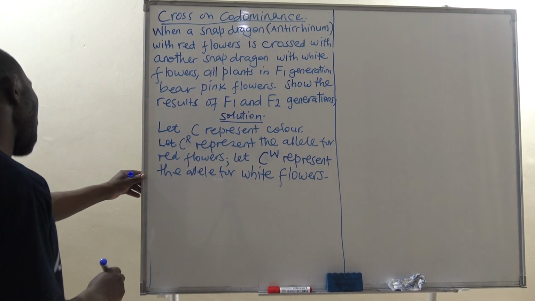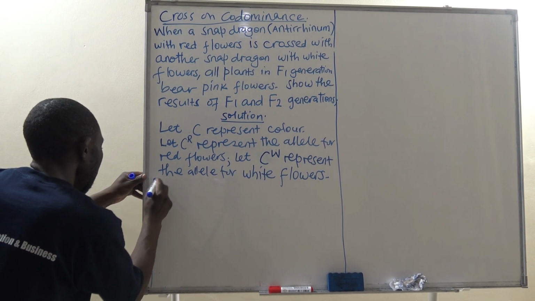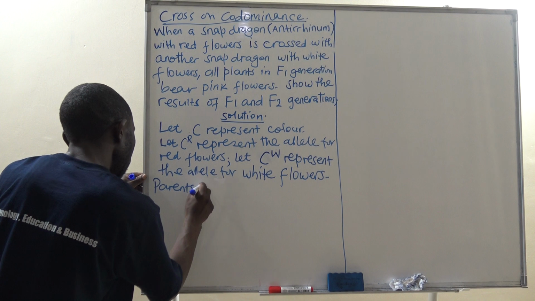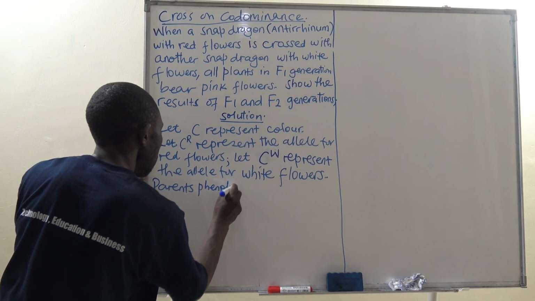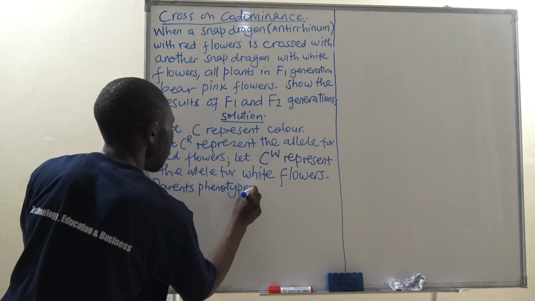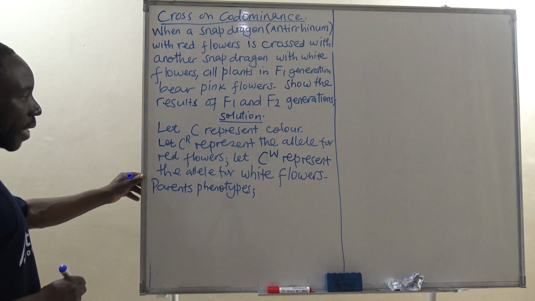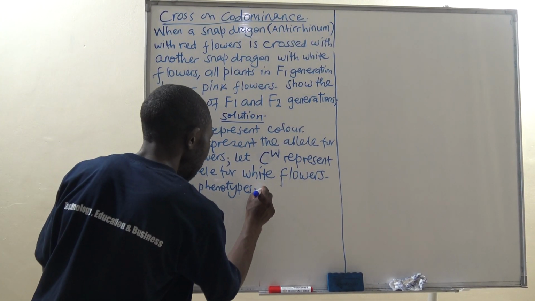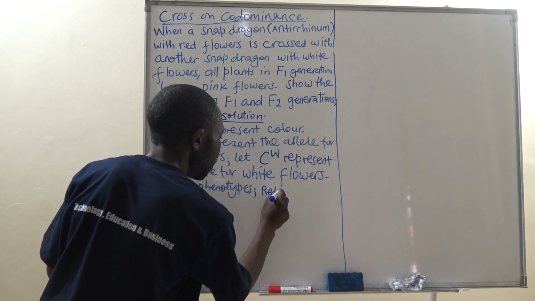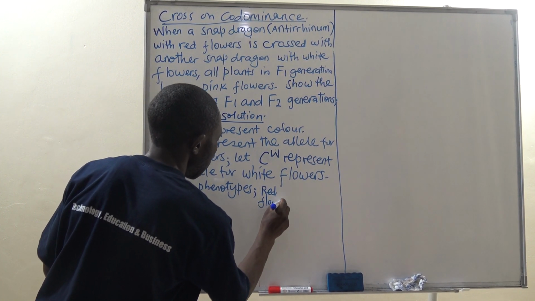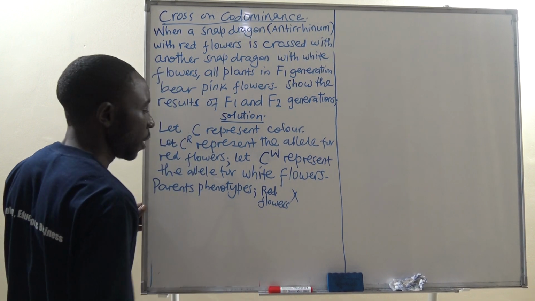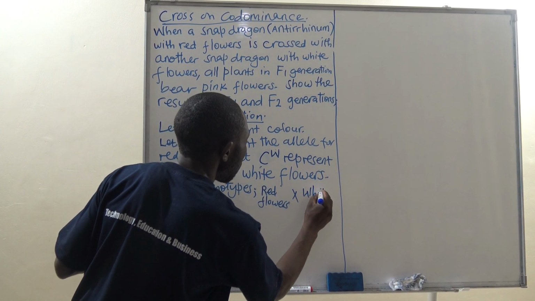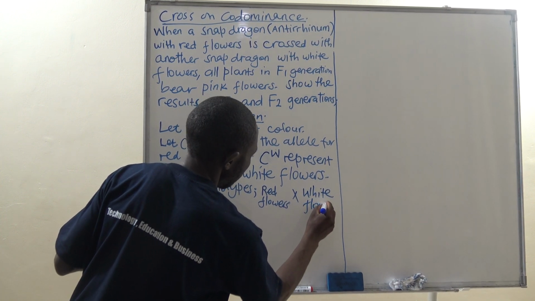So now I have parents' phenotypes: red flowers being crossed with white flowers.